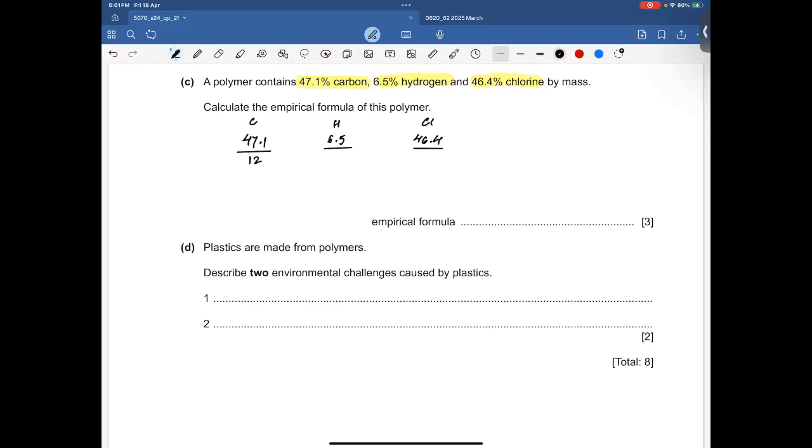So I'll divide by 12, 1, and 35.5. I'll get 3.93, 6.5, and 1.31. So 1.31 is the least value. In order to get the simplest ratio, I'll divide all the values by 1.31.